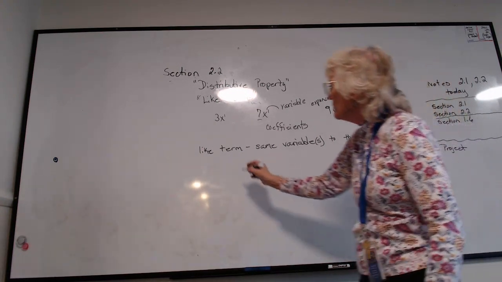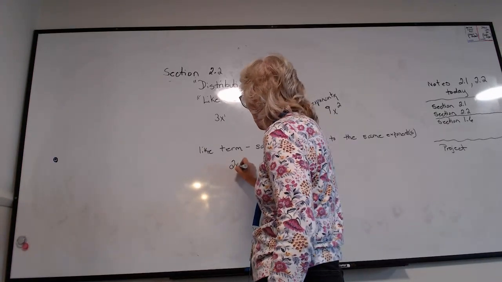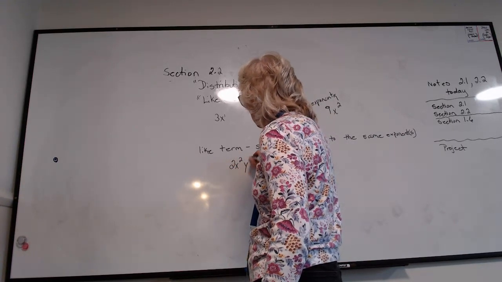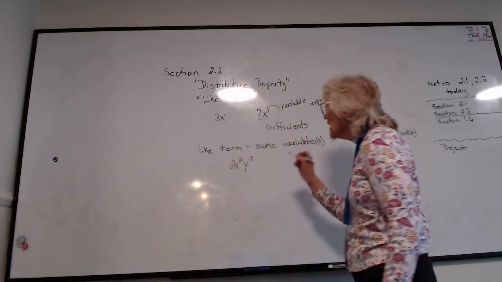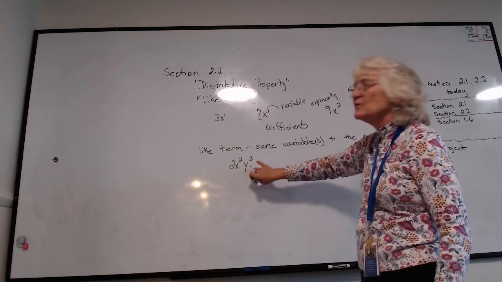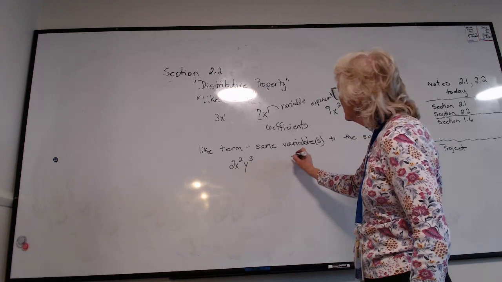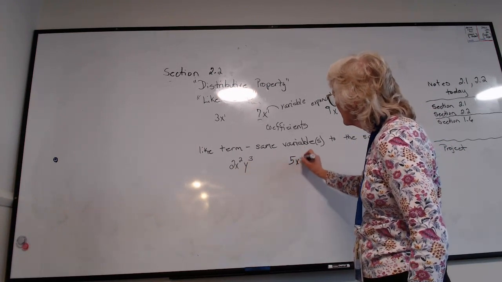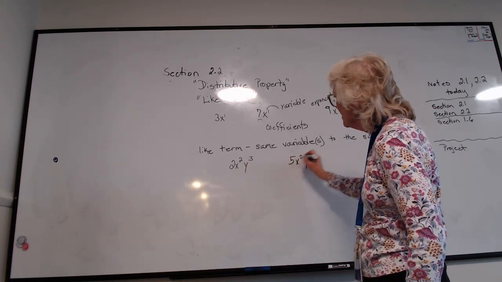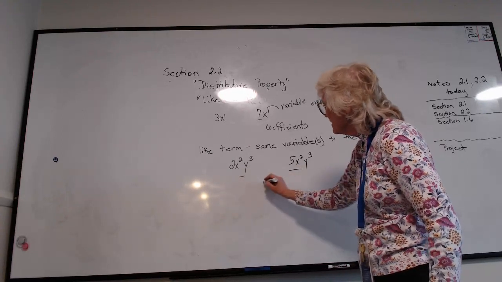Okay, so an example would be if you had 2x squared y to the third, a like term has to have both x squared and y to the third in it. It has to have that. So if I had 5x squared y to the third, these are like terms.